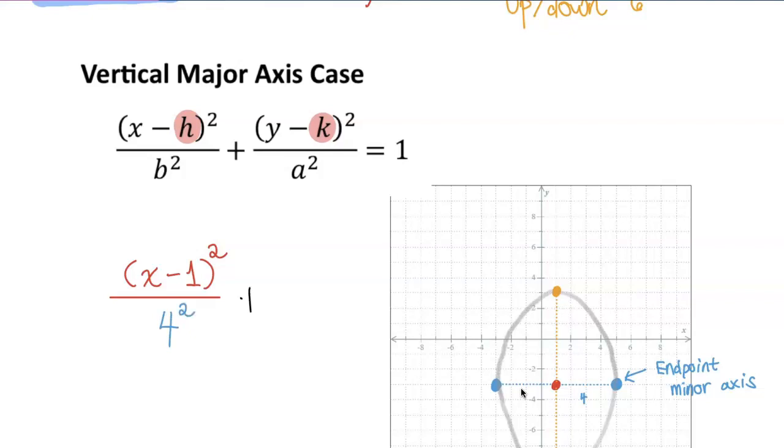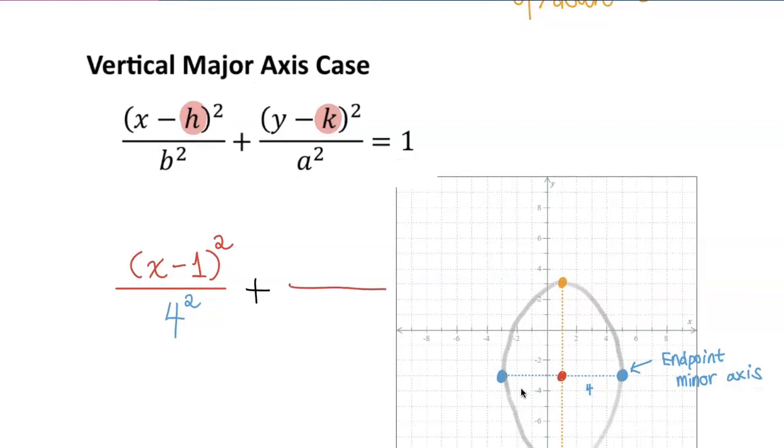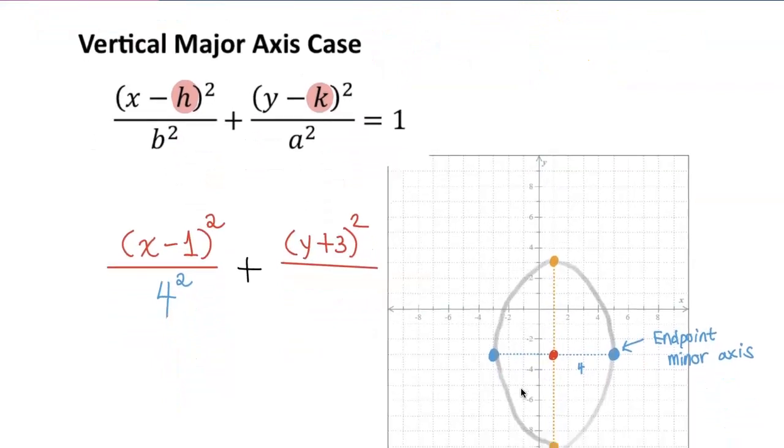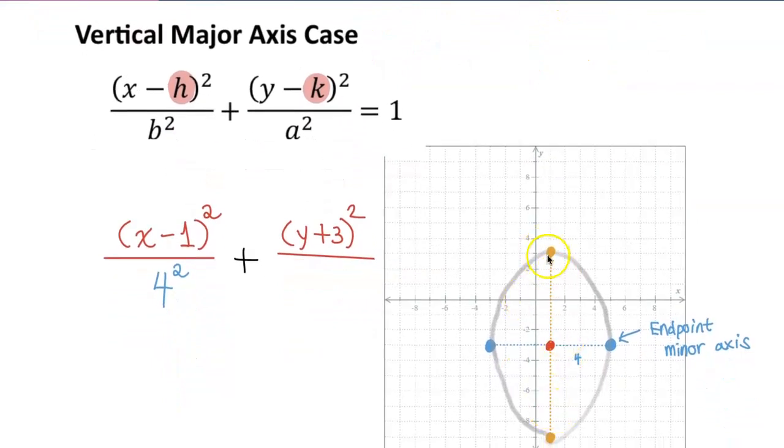Next, on the numerator, we need to write y minus the y coordinate of the center. Well, I was going to write y minus -3, but we can change that to (y + 3) squared. And now in the denominator, we need the half of the length of the major axis, squared.